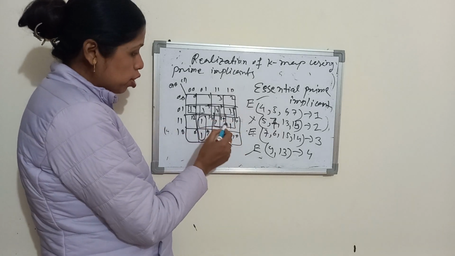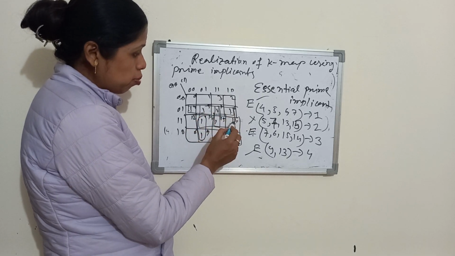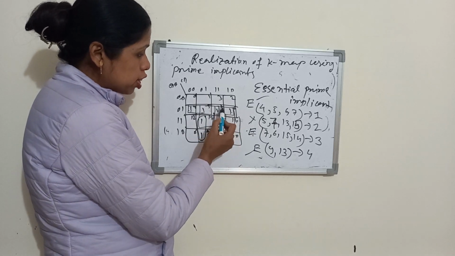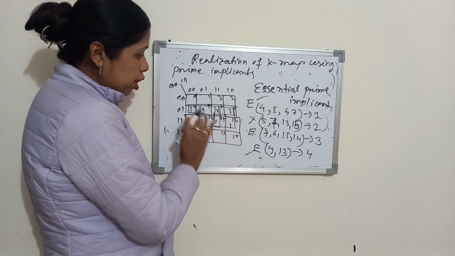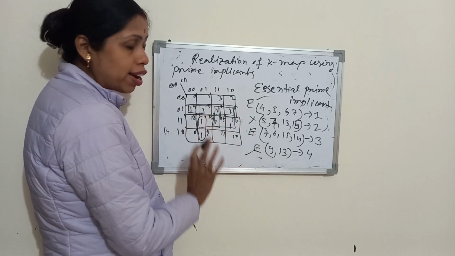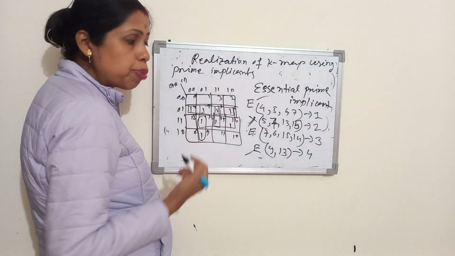Among these two groups, 5, 7, 13, 15 and 6, 7, 14, 15, which group will be considered? If you consider 6, 7, 14, 15, then after choosing all the essential prime implicants, no one is left, so it's not required to consider it as a prime implicant.